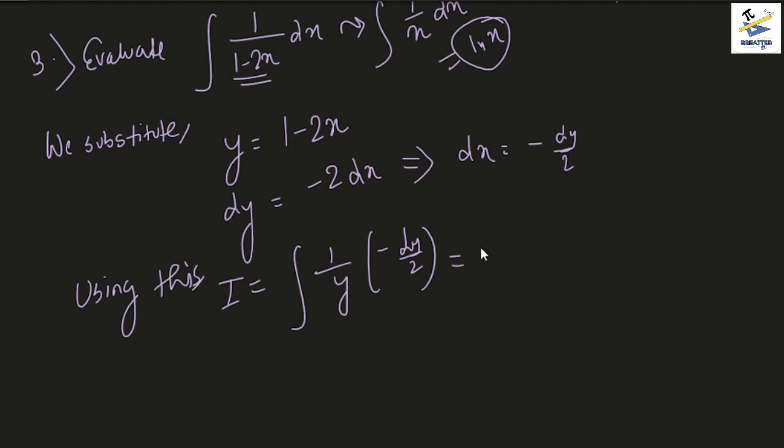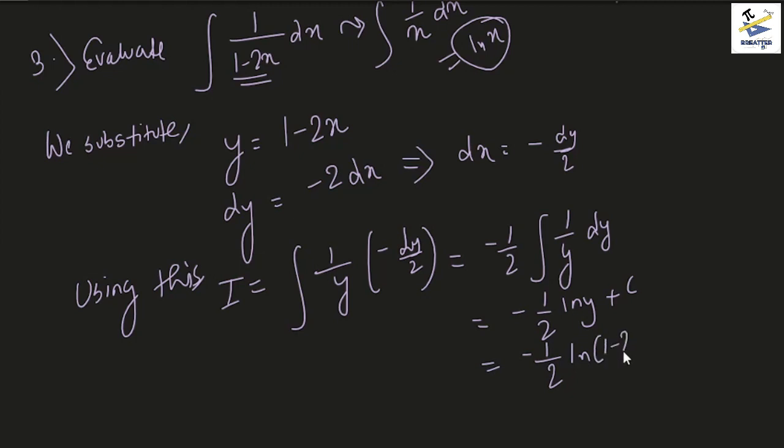So the constant minus 1 by 2 comes out, and we have 1 by y dy. Now this gives us minus 1 by 2 ln of y plus c, and it's time to put back what we have substituted, which gives us minus 1 by 2 ln of 1 minus 2x plus c.